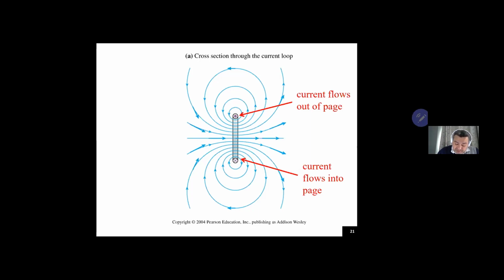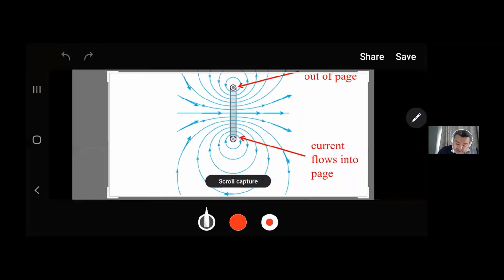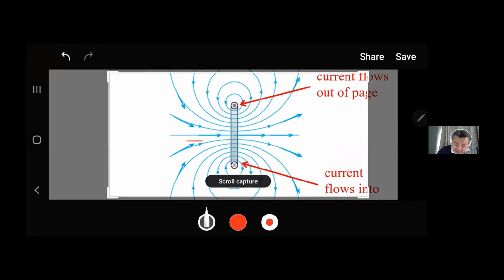This is what I was just referring to earlier, that the magnetic field right on the axis that goes through the center of the loop will be straight. We'll talk about that later, once we come to the equation of the magnetic field due to the loop.